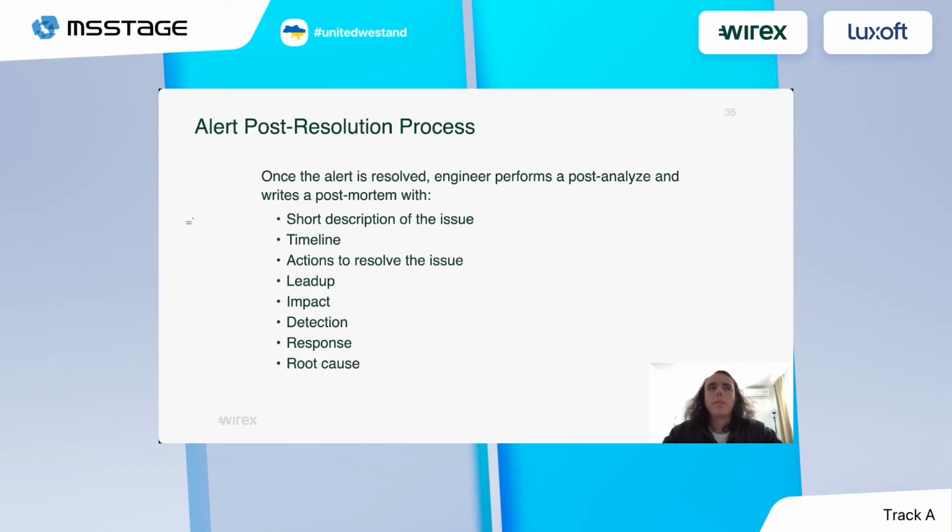Impact. Impact describes who was impacted by this alert. It can be users from different regions, or it's not about user experience, it's about infrastructure. The next one is detection.